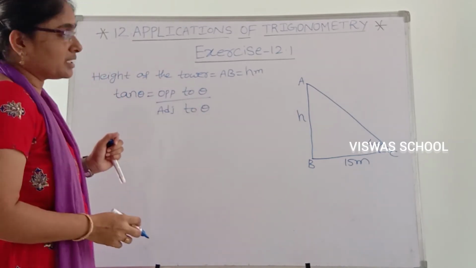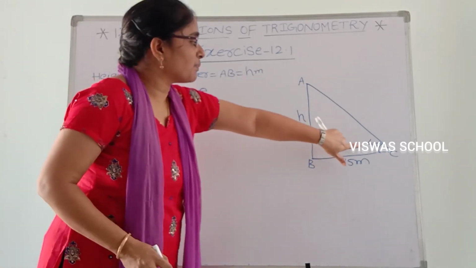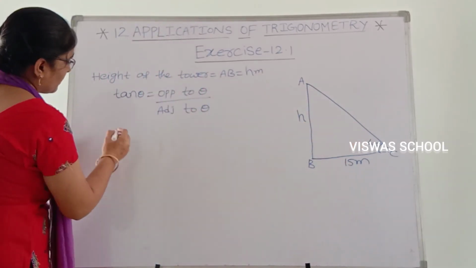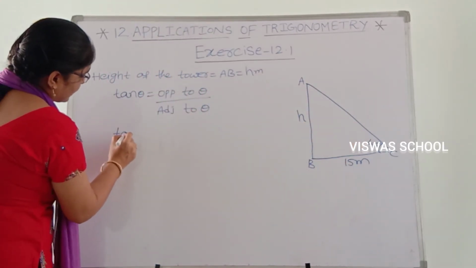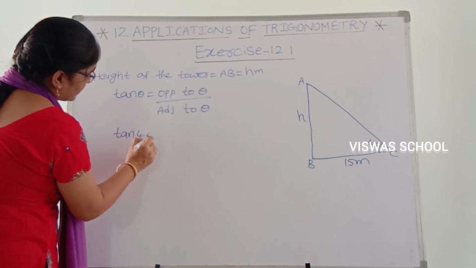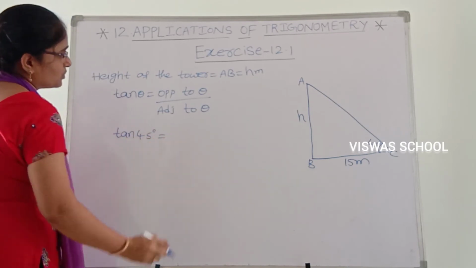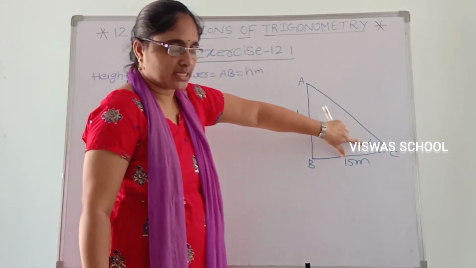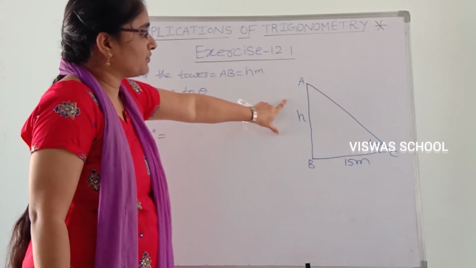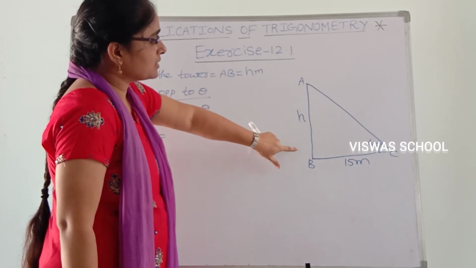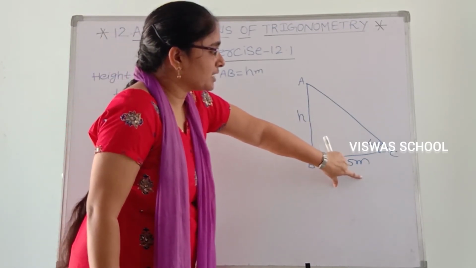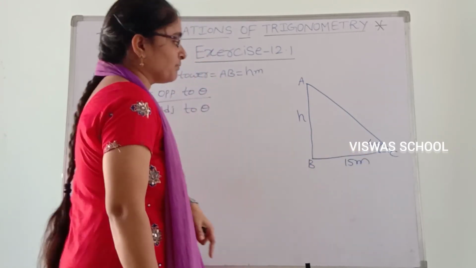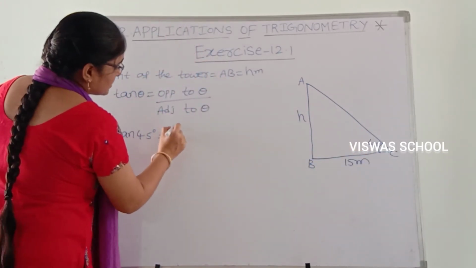Here theta is 45 degrees. Tan 45 degrees is equal to opposite to theta, which is AB, and adjacent to theta, which is BC. AB by BC.